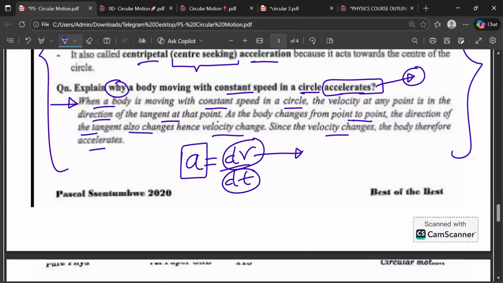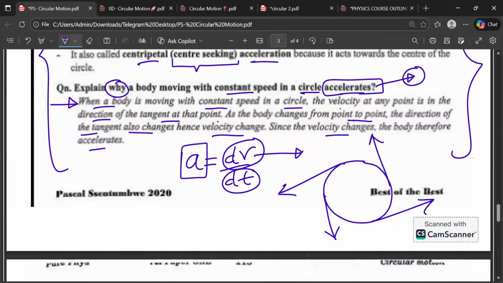Do you remember the diagram we had? In lesson 1, we drew that circle, and I tried to show you something like this. Are you seeing that the direction of the tangents keep on changing? Because of that change in the direction of the tangents, velocity is changing, because it's a vector quantity and change in direction changes it.